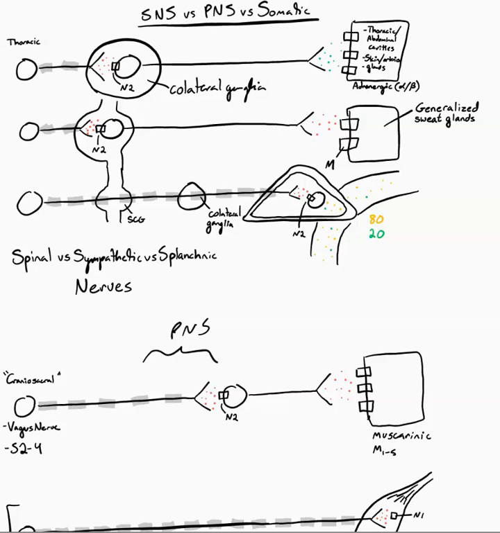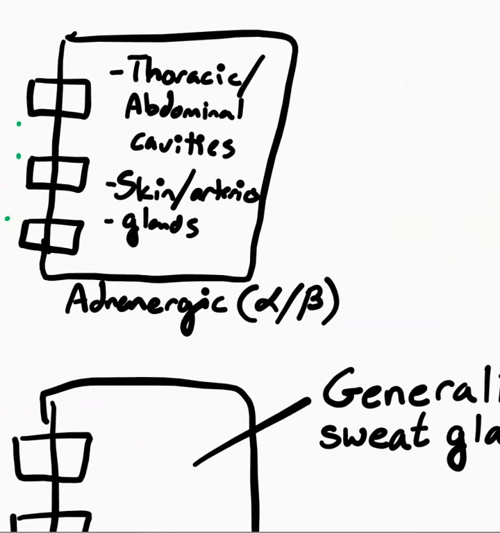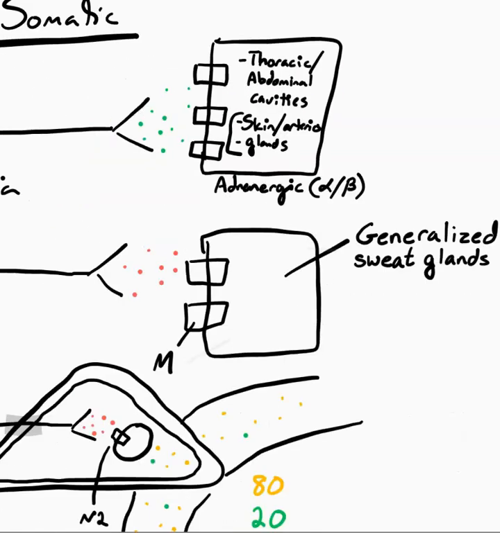So as far as the different types of nerves, spinal nerves lead specifically to skin, so this section down here: skin, arteries, and glands.